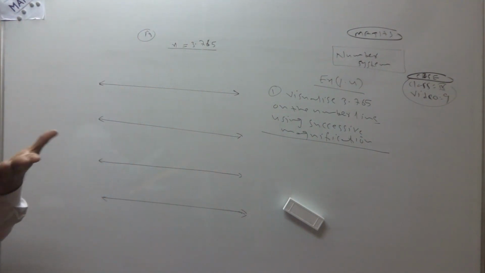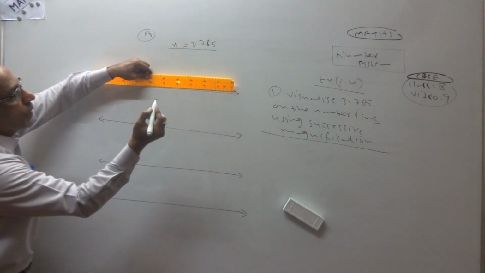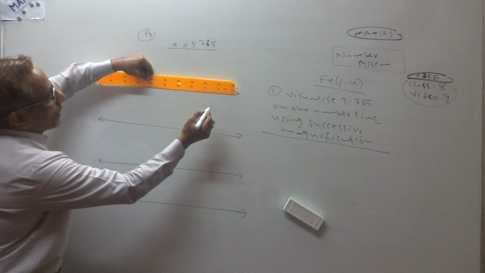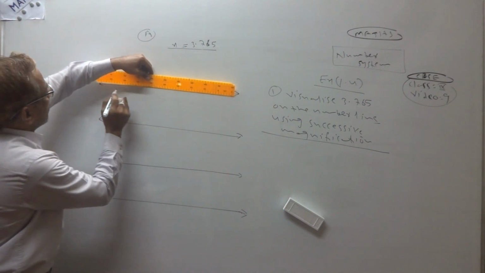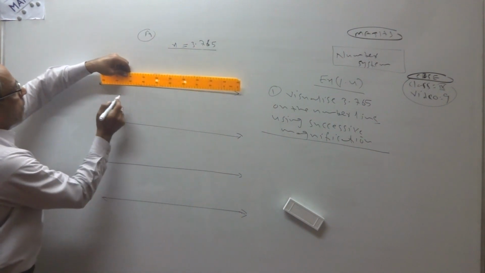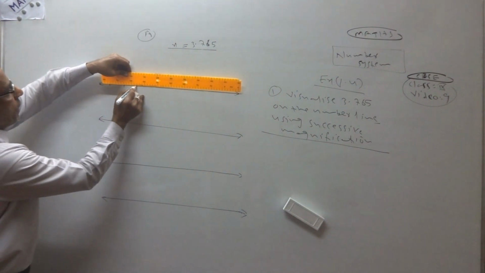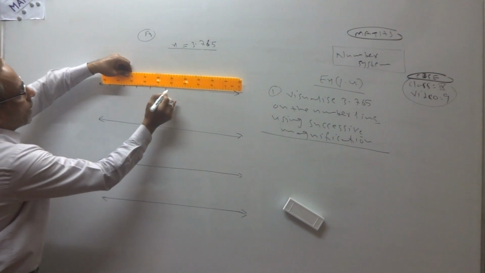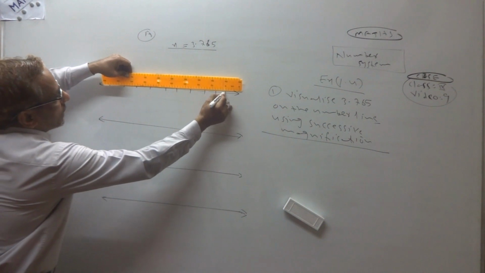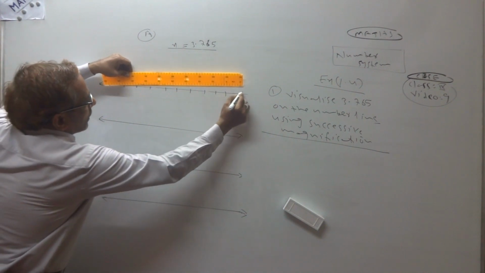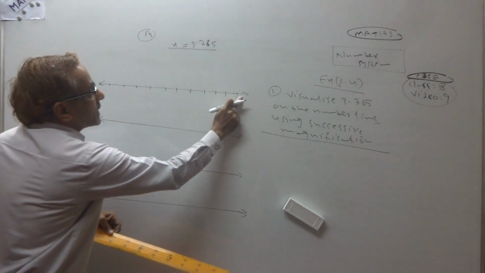You can use a normal scale. Using your scale, how many points do you have to mark? 1 centimeter. Suppose I start from here: 1, 2, 3, 4, 5, 6, 7, 8, 9, 10, 11. So how many points do you have to mark? 11 points.